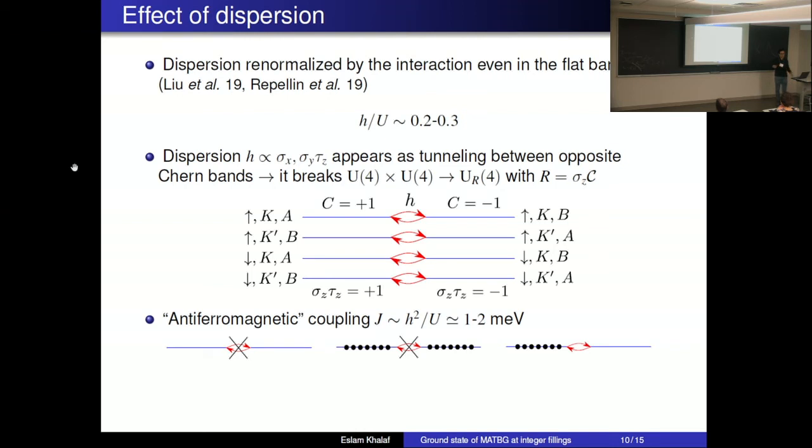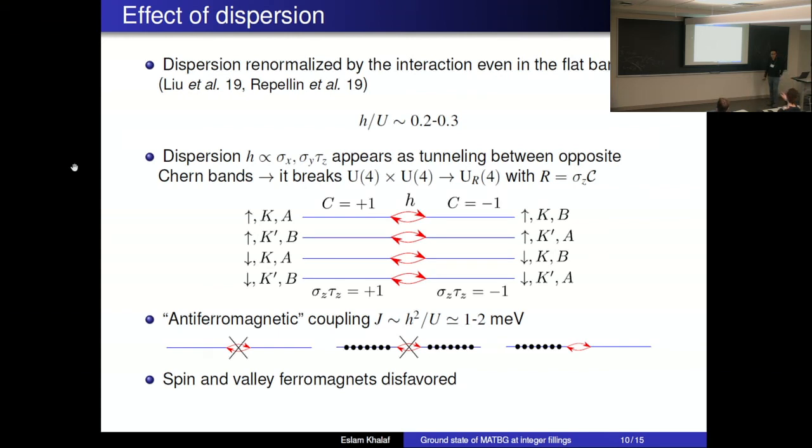So it's a smaller scale, like 1 order of magnitude smaller, and it fits into our picture that we first select a manifold of ground states, and then this is a small splitting among this manifold of states. One remarkable feature is that this type of coupling, like antiferromagnetic coupling in this SU4 space, favors the most trivial or the simplest ferromagnets, the ones where we fill spin up here and here, or the one where we fill the same valley in both cases.